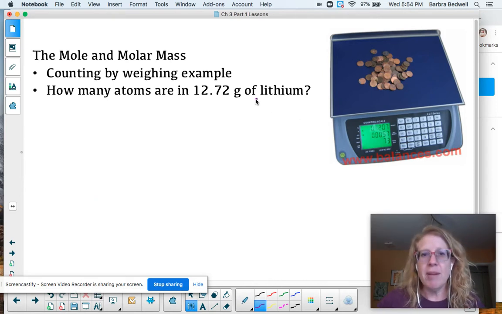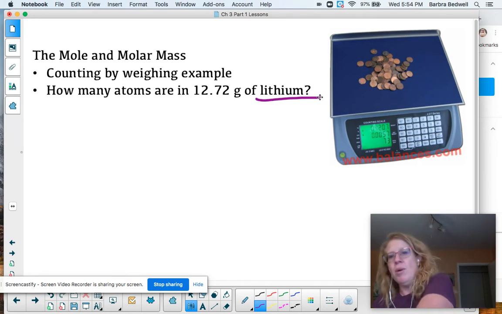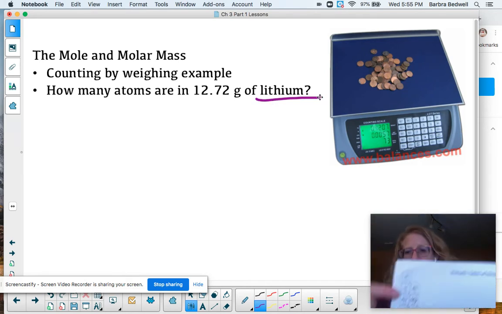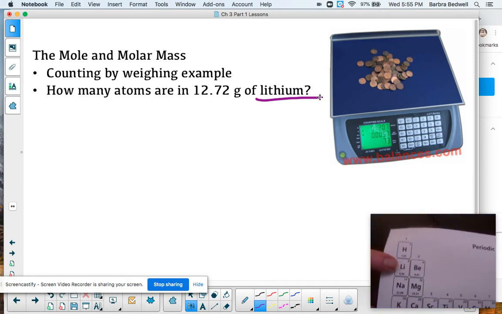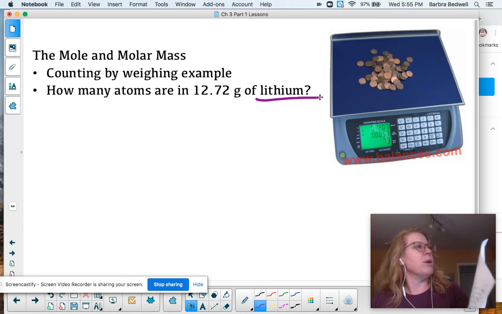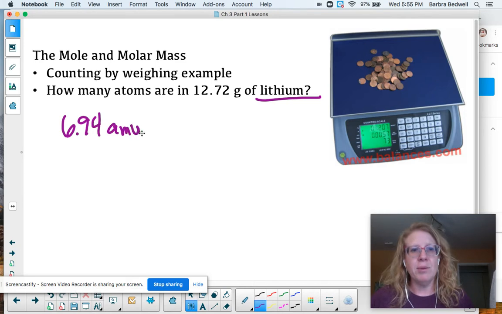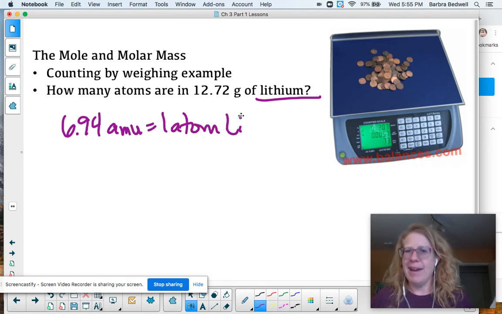So if we talk about lithium and I want to know what the molar mass of lithium is, all I got to do is get out my periodic table, find the element lithium, there it is right there. And this little number down at the bottom can be interpreted two different ways. That number is 6.94. We could either say 6.94 atomic mass units equals 1 atom of lithium, but nobody cares about 1 atom of lithium.